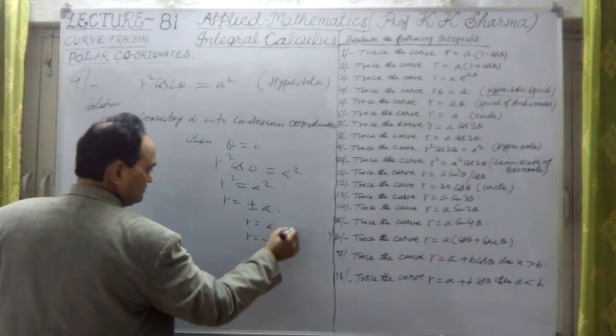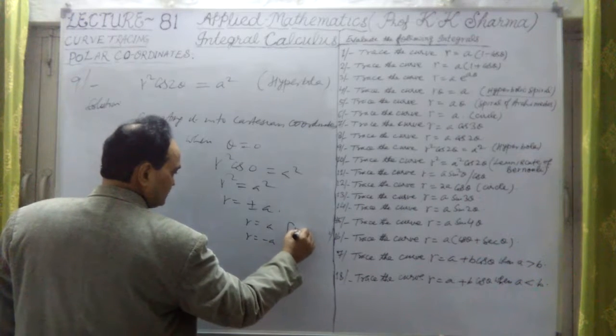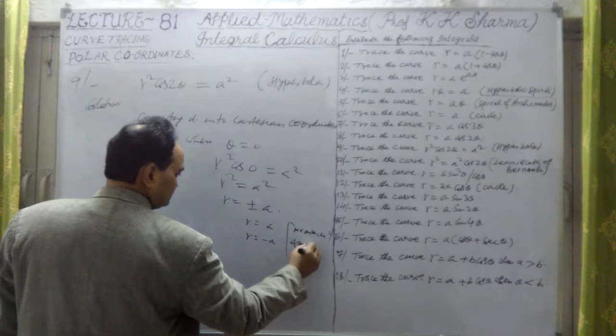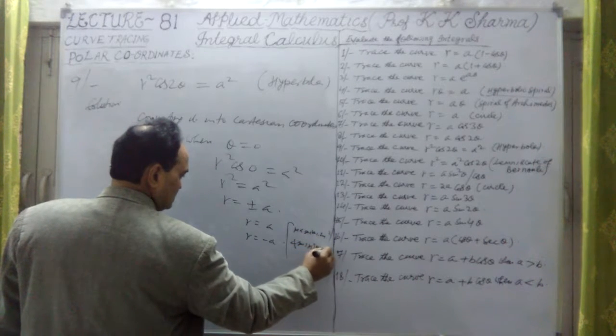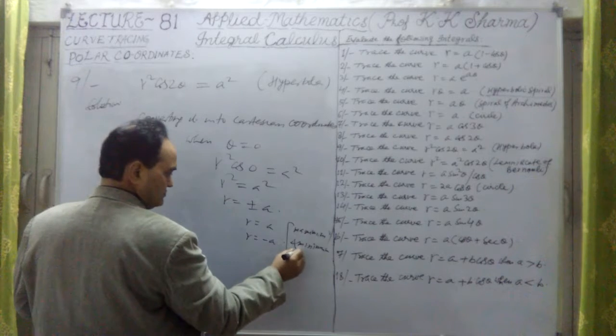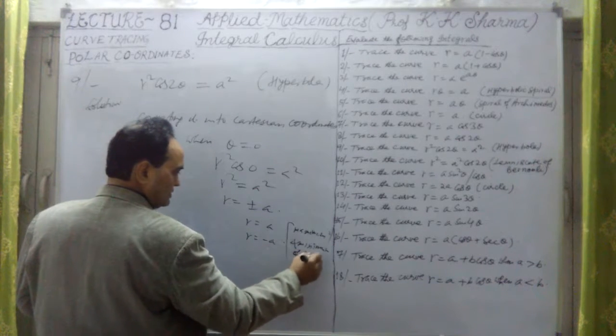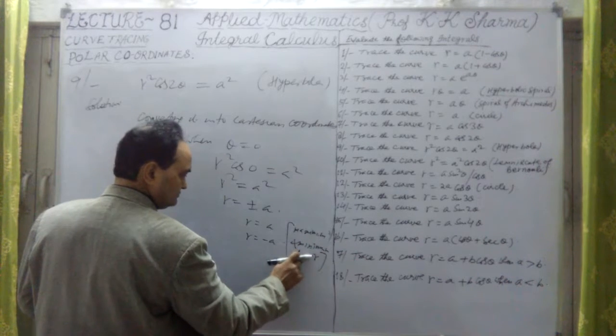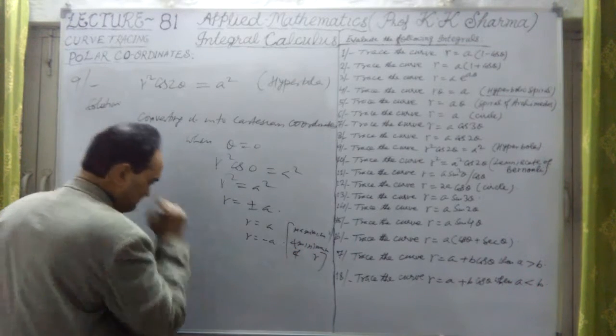These are the maximum and minimum values of r.